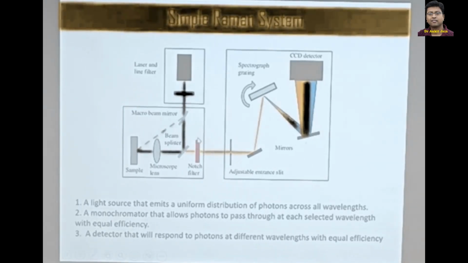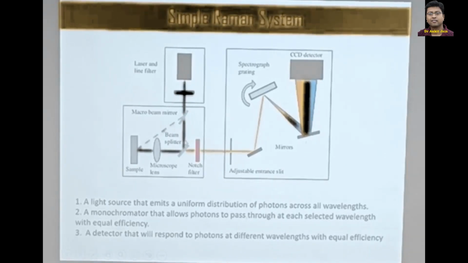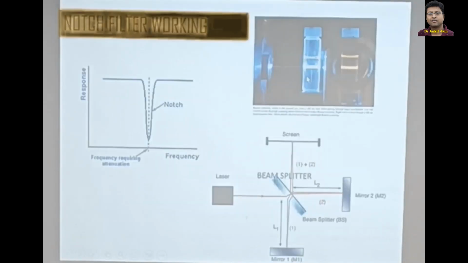The notch filter cuts away any directly scattered light, that is the green light coming out from the sample. It cuts away the laser wavelength, and all the light going into our spectrograph or grating is the one coming from the sample only. After it passes through the grating, it goes on to the detector, and the detector gives us a very beautiful plot between our wave number and intensity.